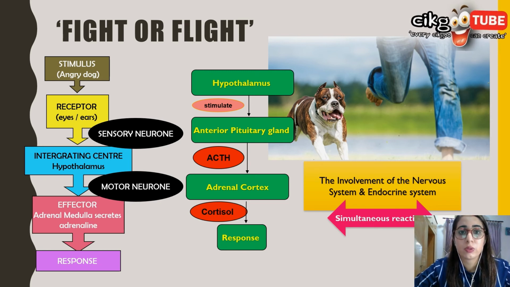These cortisol hormones help to prepare the body to deal with emergency. Cortisol hormones are the main emergency hormones that will increase the blood glucose level, the heart rate, the respiration rate, and the heightened focus to deal with the threat. So it's a simultaneous reaction between the nervous system and also the endocrine system.